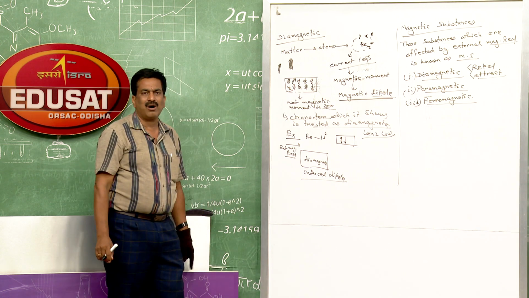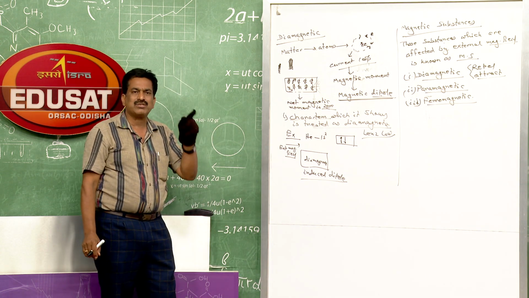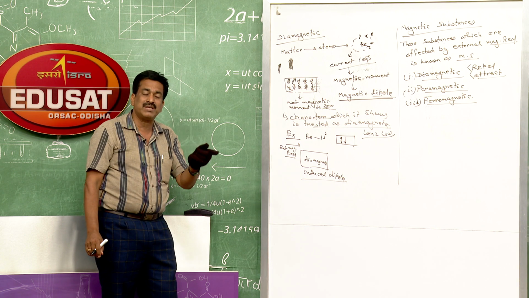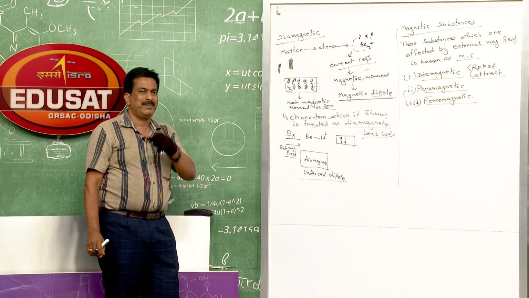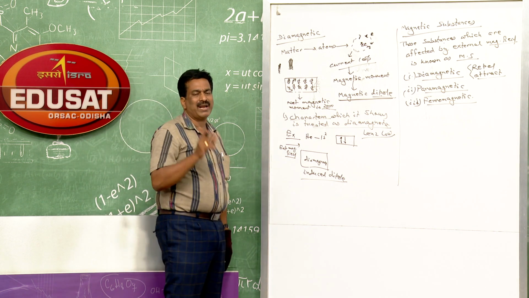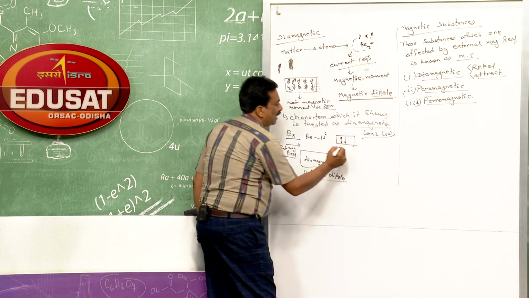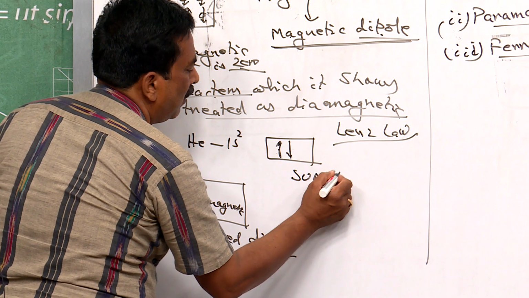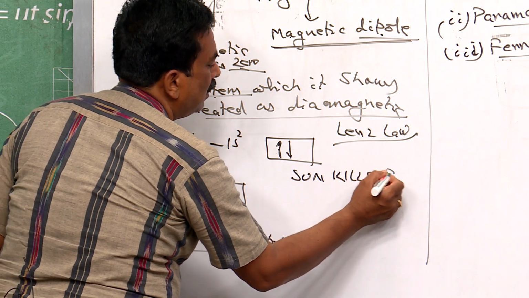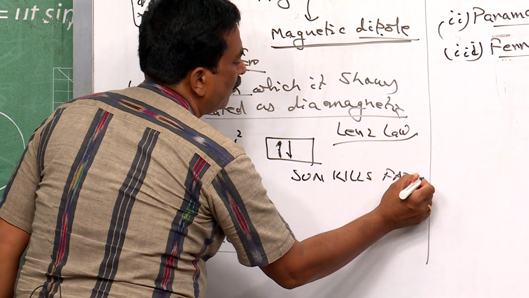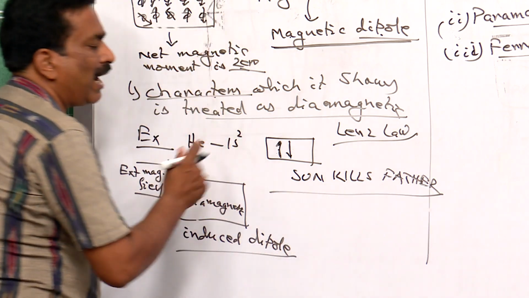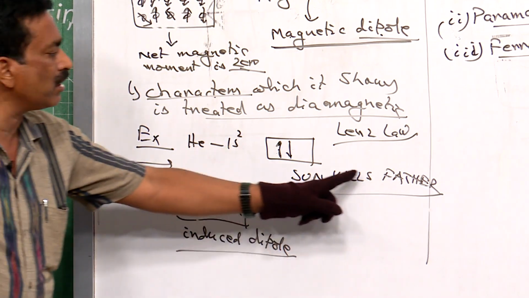The direction of the induced effect always opposes the cause that produced it. Means, as I said in my magnetic effect of current lecture, son kills father. In this way I explained it before: son kills father.